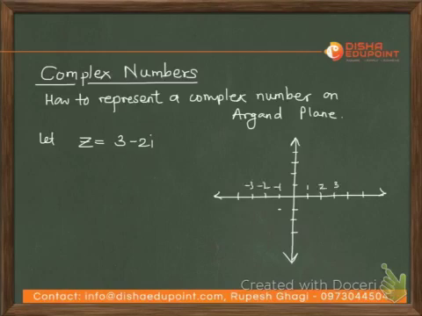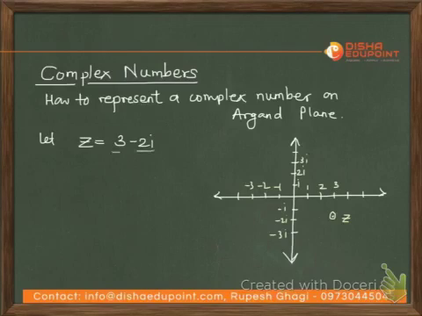Now this is the Argand plane. Here we have 1, 2, 3, minus 1, minus 2, minus 3 on the x-axis. This is for the real part. And on the y-axis, the numbers actually are i, 2i, 3i, minus i, minus 2i, minus 3i. That is, 1 unit is for i. Right? And now we represent this number, 3 minus 2i.